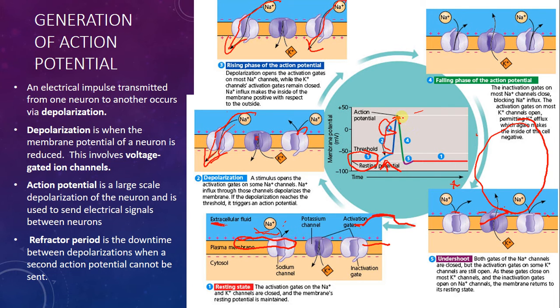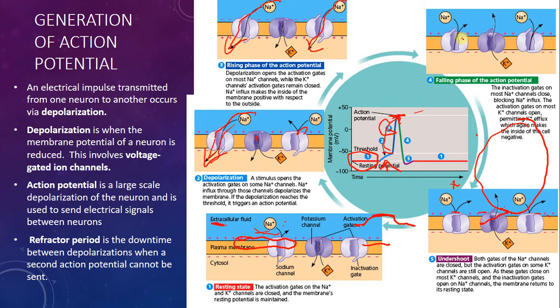4, now we're going to have a falling action potential. Once we reach the highest point, the inactivation of most of the sodium gates will start to happen. Almost right after they open, they'll close again, and there'll be a block of influx of sodium.